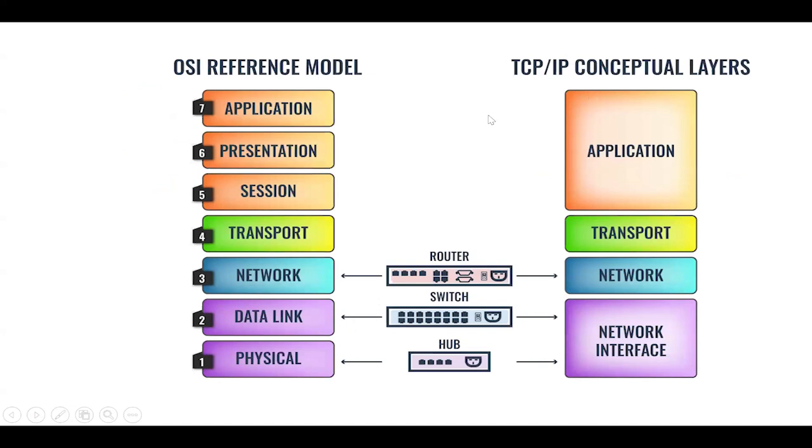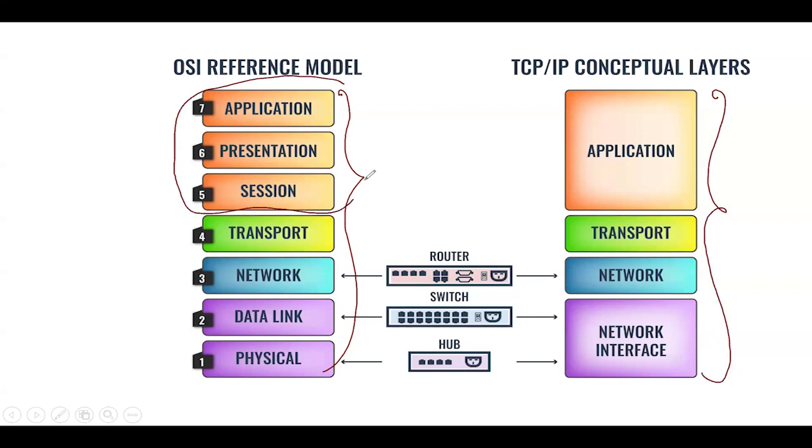If we compare the OSI and the TCP/IP conceptual layers, OSI has 7 layers and TCP/IP has 4 layers. The application, presentation, and session layers together comprise the application layer of TCP/IP. The transport layer remains the same. The network layer remains the same.